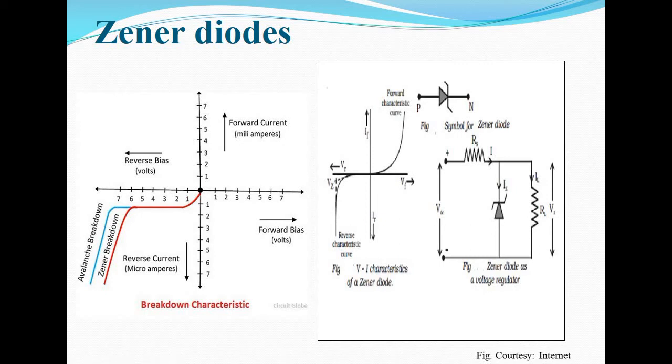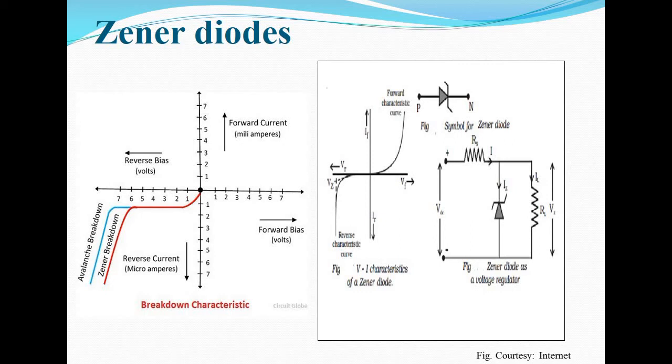The breakdown which occurs because of collision of electrons inside the p-n junction is called avalanche breakdown, whereas Zener breakdown occurs when a heavy electric field is applied across the p-n junction. Avalanche breakdown occurs in a thick region, whereas Zener breakdown occurs in a thin region.